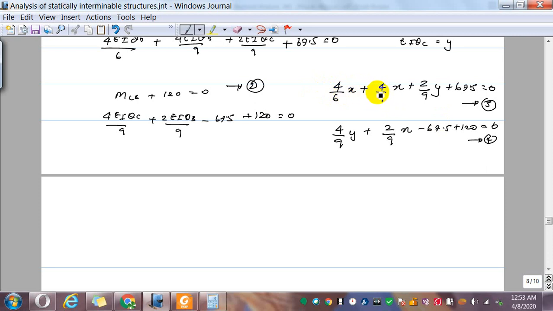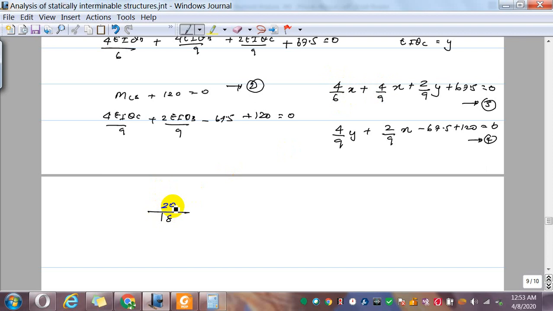So here if you consider these equations, 4 over 6 and 4 over 9, we can bring it to a common base 18, and this is 12 plus 8, 20.